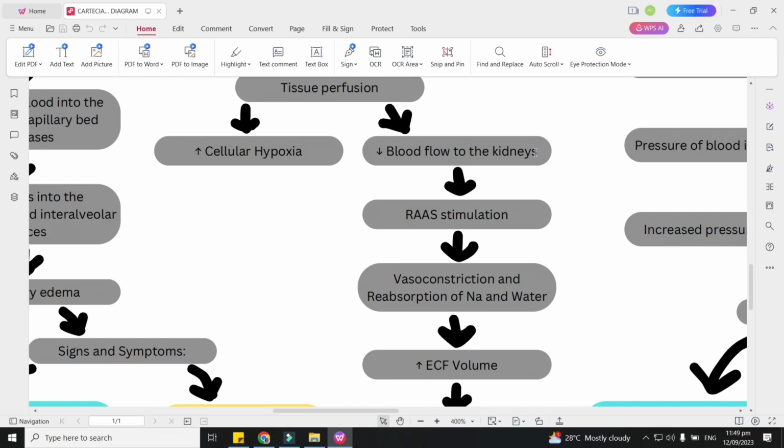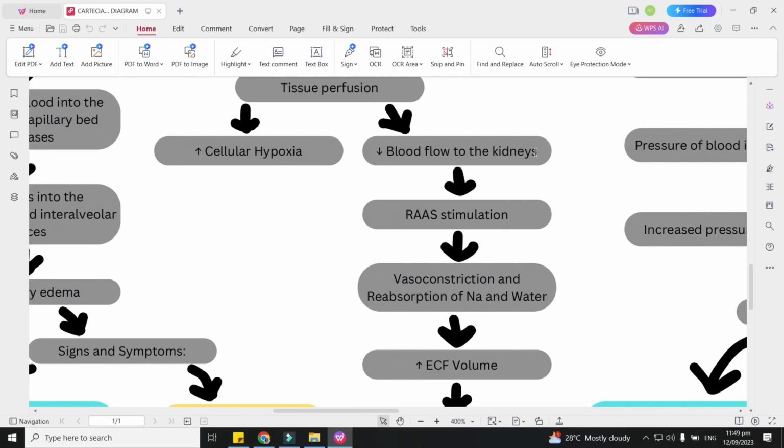So with that angiotensinogen, our lungs now would also release angiotensin 1, or ACE. The ACE is released by the lungs to help convert angiotensin 1 to angiotensin 2.